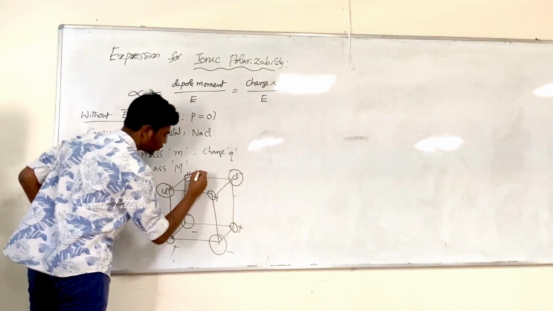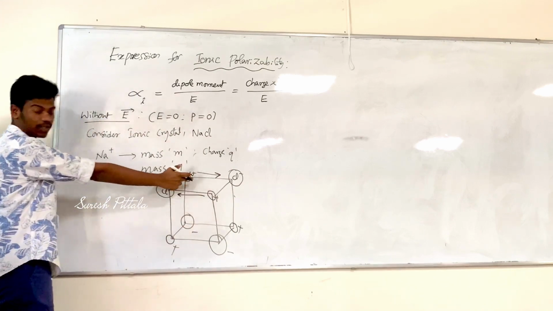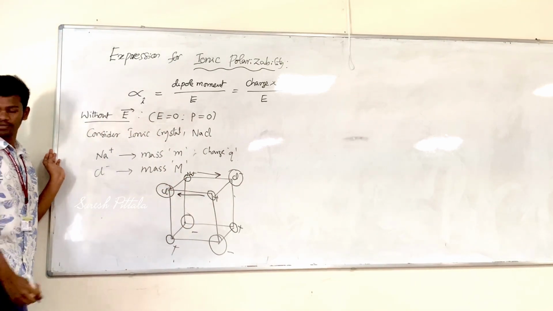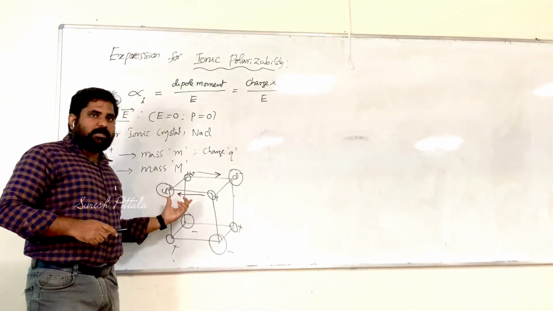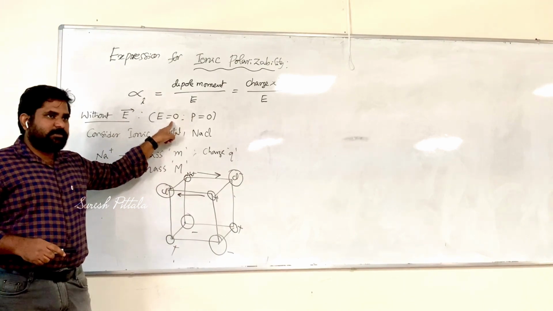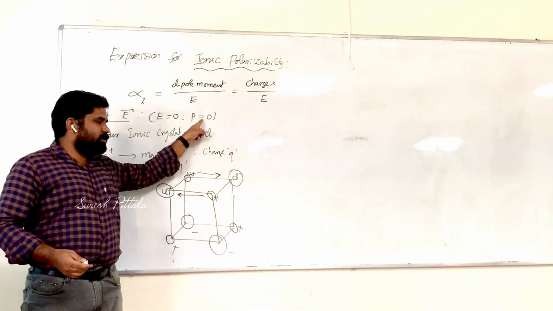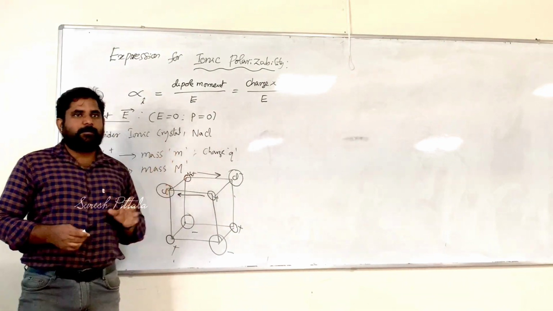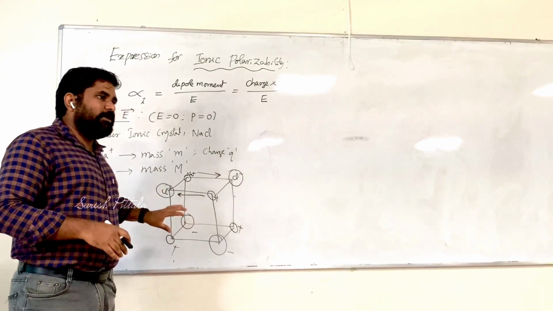Because here the two dipoles are acting along different directions and they are of the same magnitude, hence they cancel each other. Very good. So even though dipoles pre-exist in the absence of the electric field, the directions being different, the net polarization becomes zero. That is the first description you need to mention.